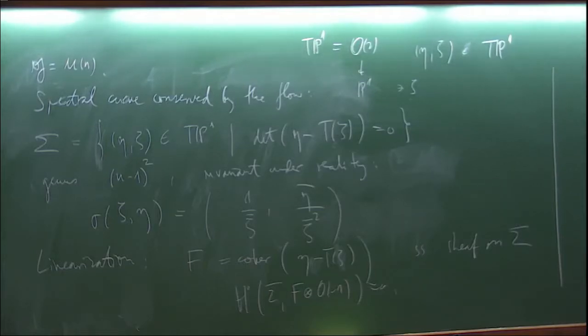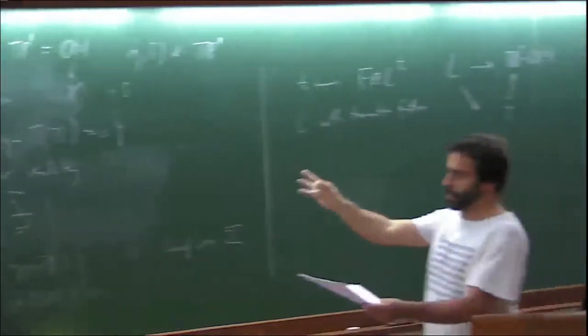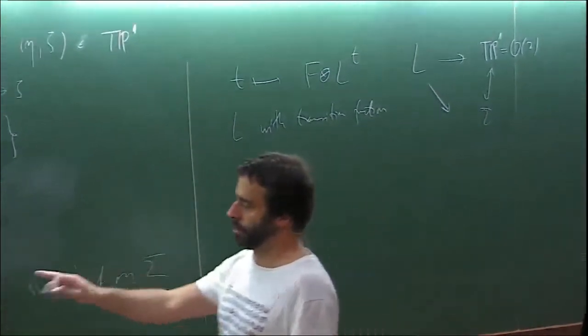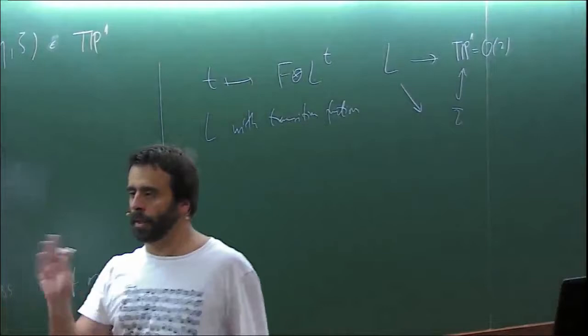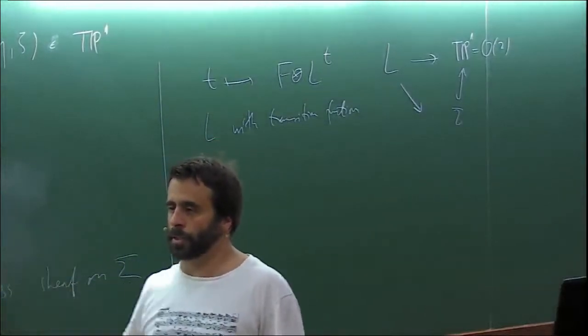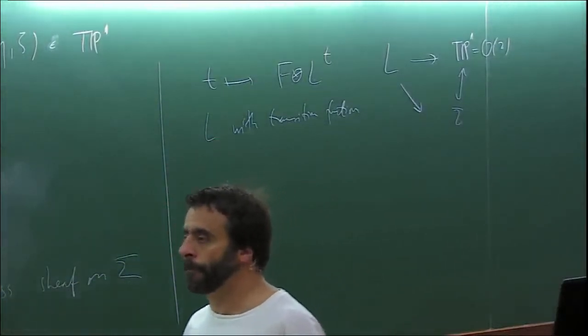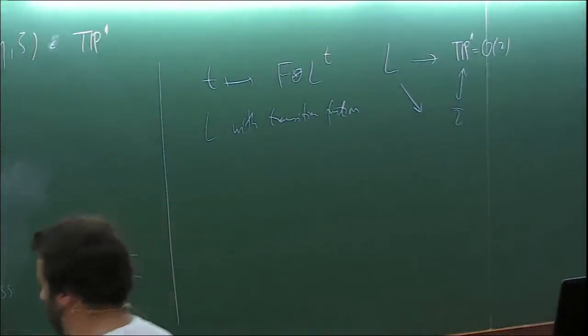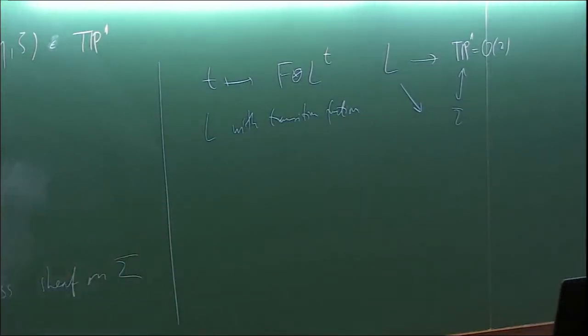You can pull it back to sigma, and this is a bundle with transition function, in the usual patches. The zeta is got by stereographic projection, then eta is induced, and so on. Okay, so maybe I'll go back to here.